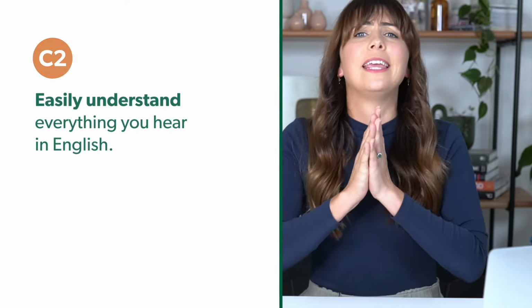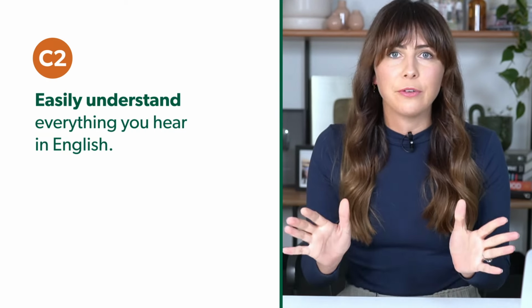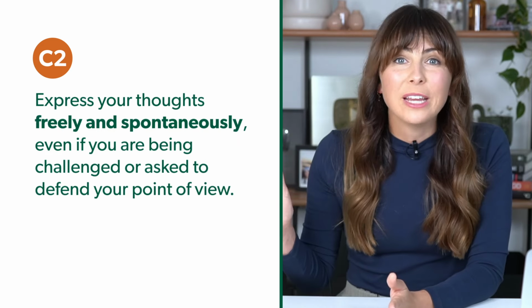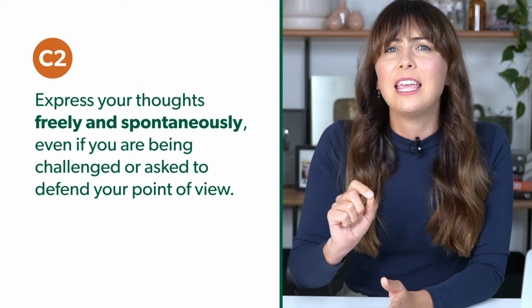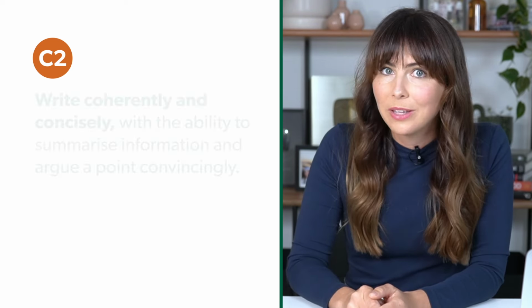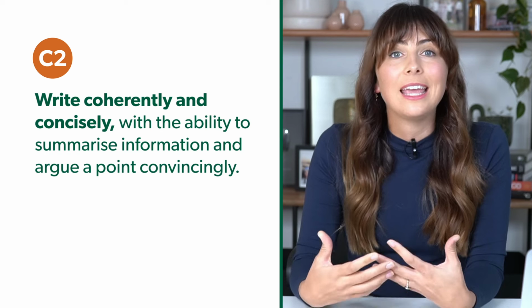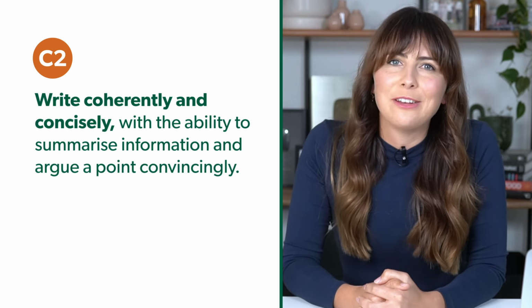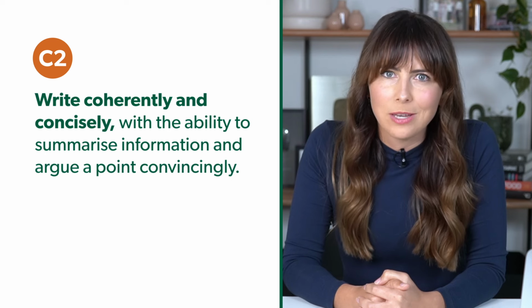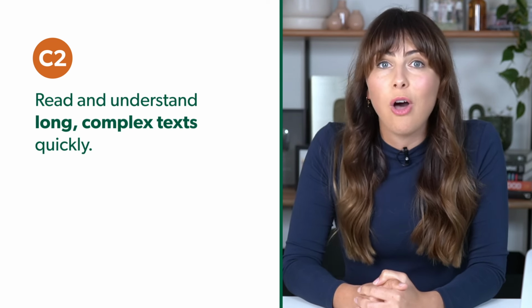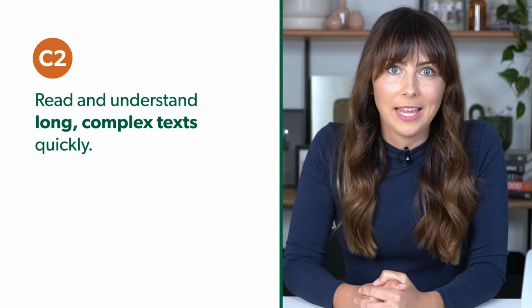So here you can easily understand everything that you hear in English. You can express your thoughts freely and spontaneously, even if you're being challenged or asked to defend your point of view. You can write coherently and concisely with the ability to summarize information and argue a point convincingly. You can also read and understand long, complex text quickly.